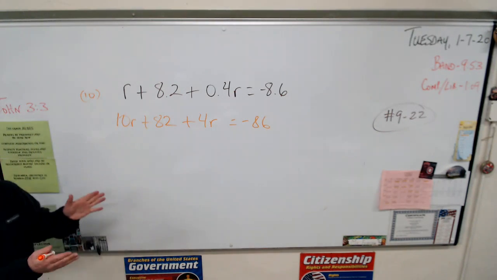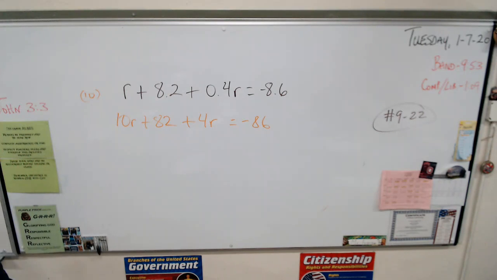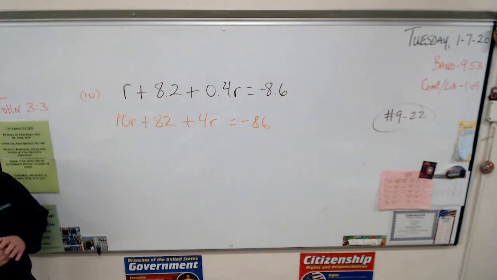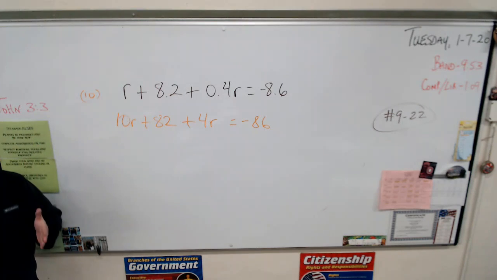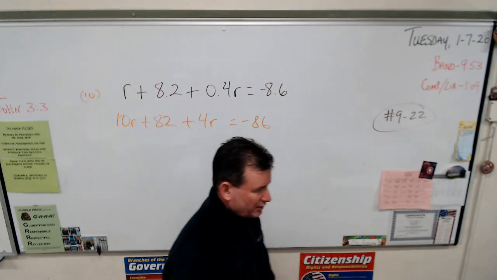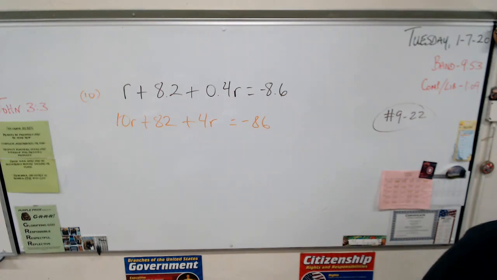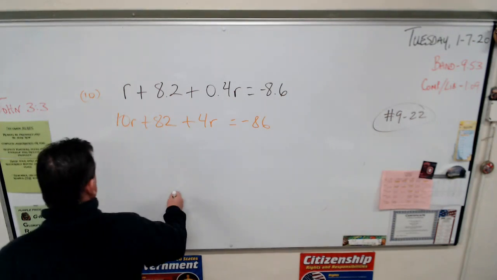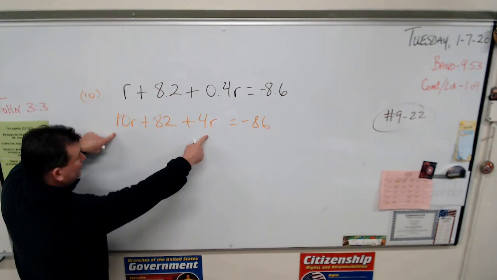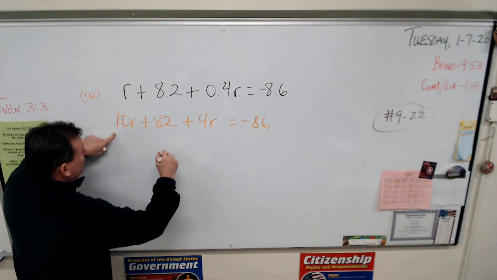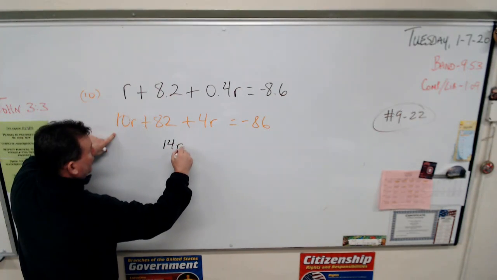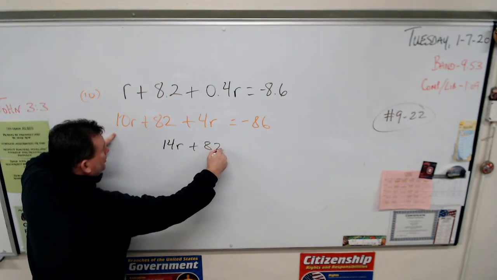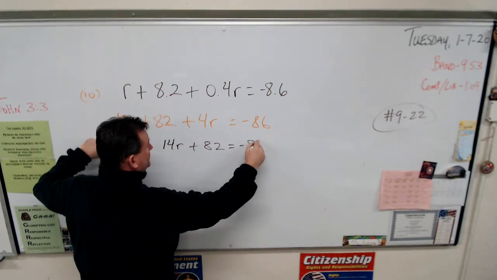And now I'm working with whole numbers, easier to work with. What's the next thing I'm going to do? Combine like terms. I've got 2R terms here. That gives me 14R plus 82 equals negative 86.